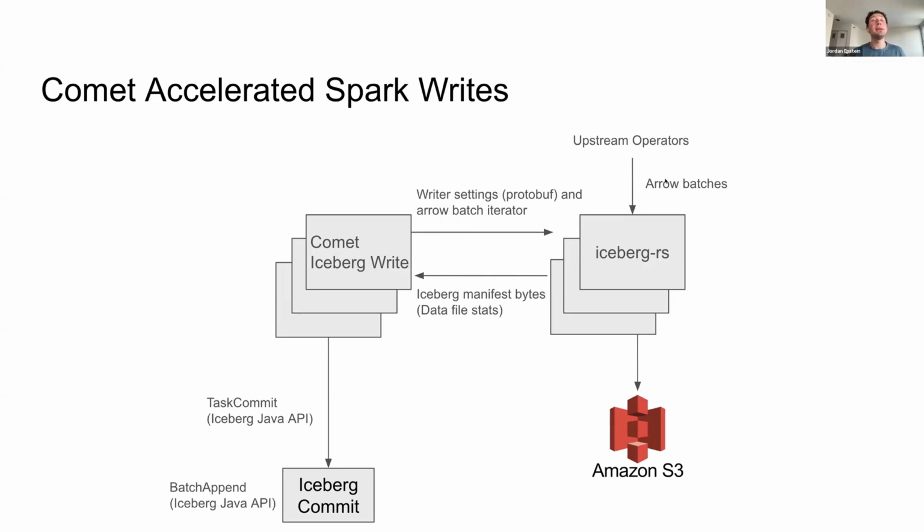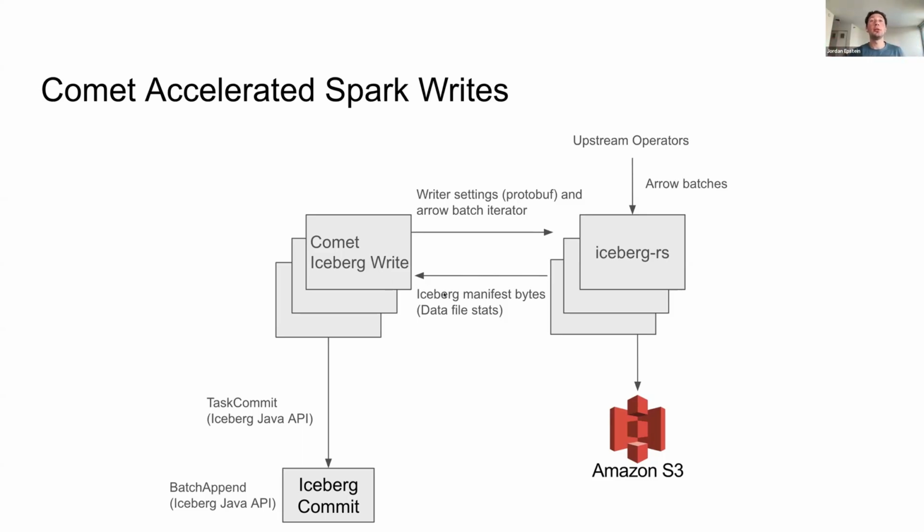As those arrow batches come in, effectively, our native operator here is just running Iceberg Rust code so that we have the freedom to tinker with things like Parquet writer settings and exactly where the write is going to, and then ultimately flushing those Parquet files back to Amazon S3. Once all of those arrow batches are exhausted, we send back a bunch of data file stats back to the Java operator.